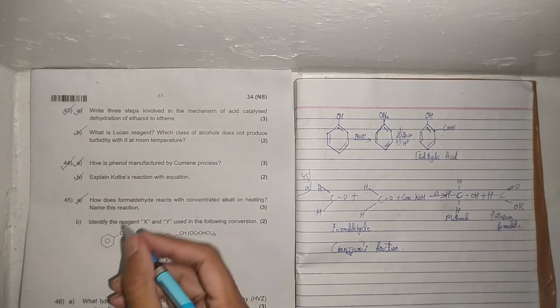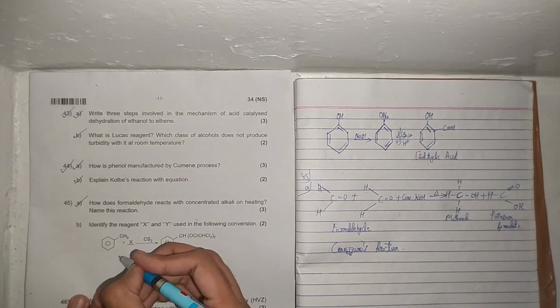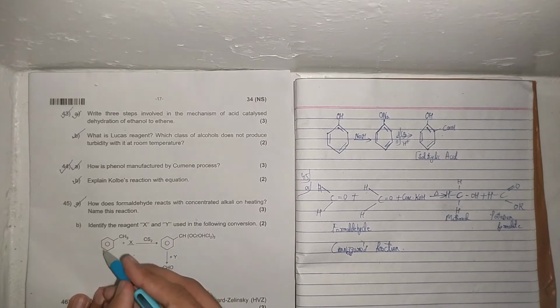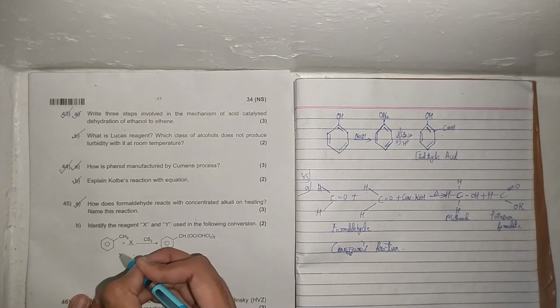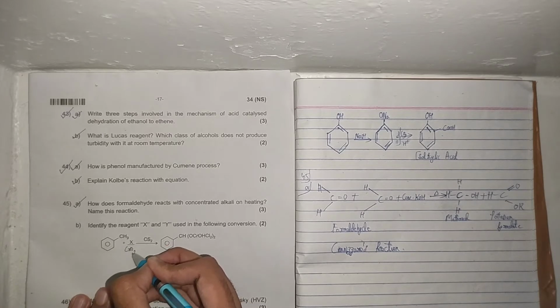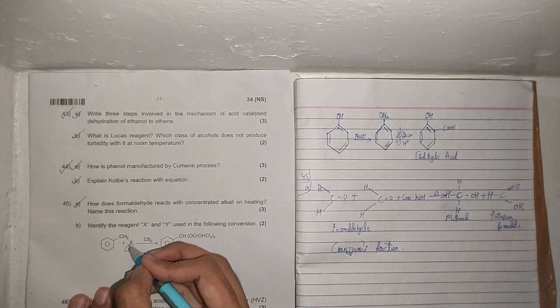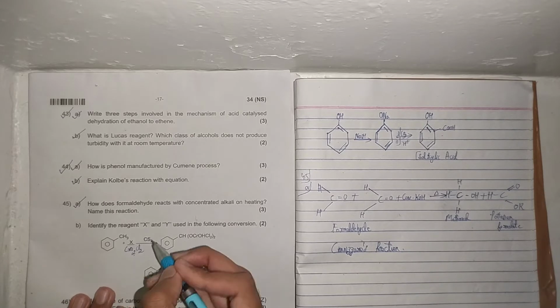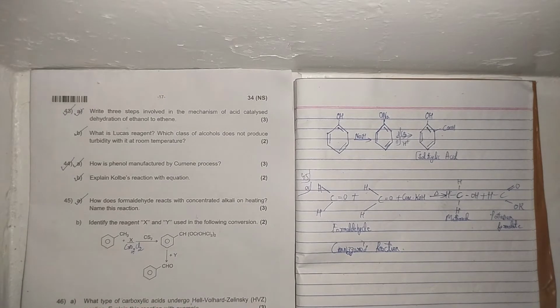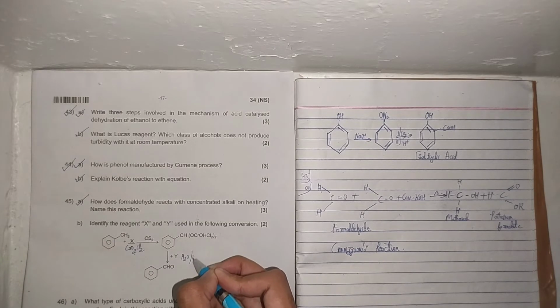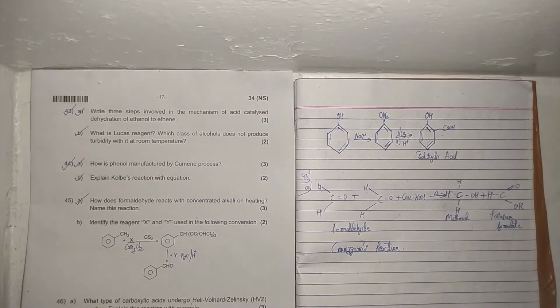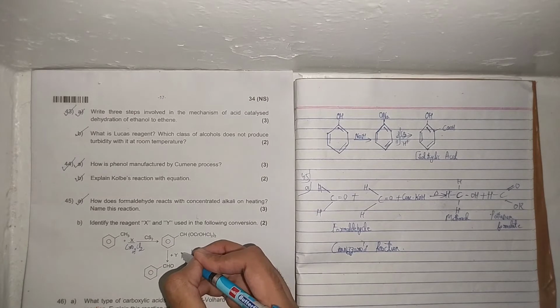So in X place, if it's single bond CH3, if we react it with CrO2Cl2, okay, we'll get this reaction. And Y place it is H2O or H plus.